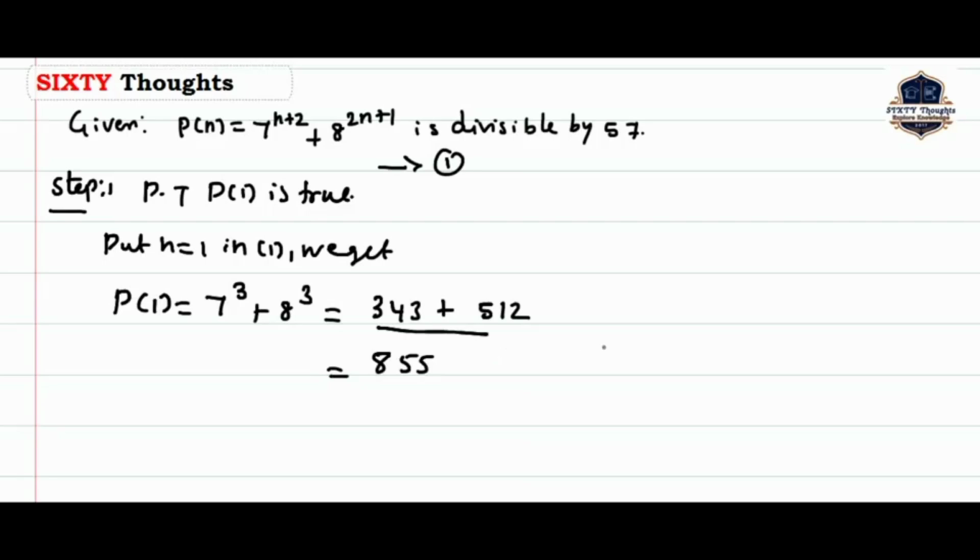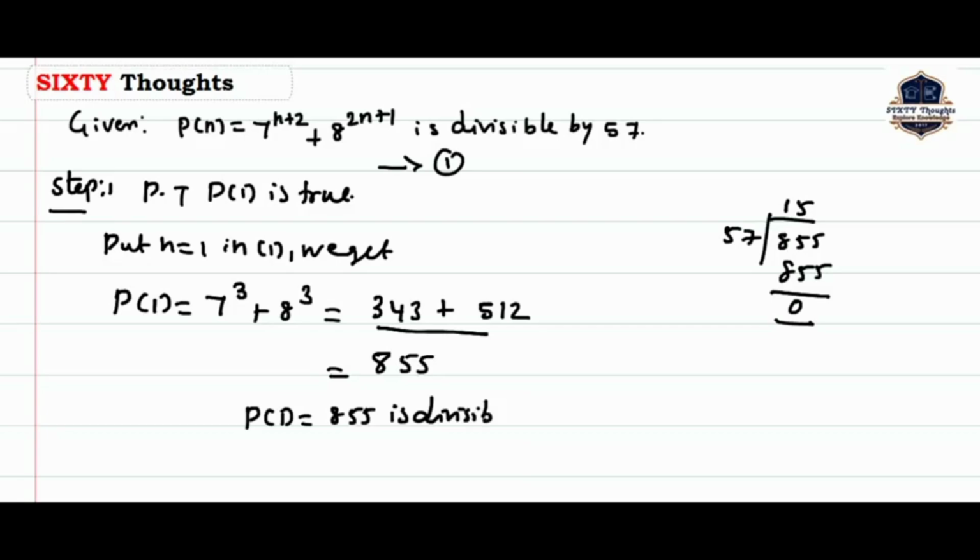We need to verify whether this number is divisible by 57 or not. 15 times 57 gives you 855. The remainder is 0, therefore that number is divisible by 57. So P of 1 equals 855 is divisible by 57.